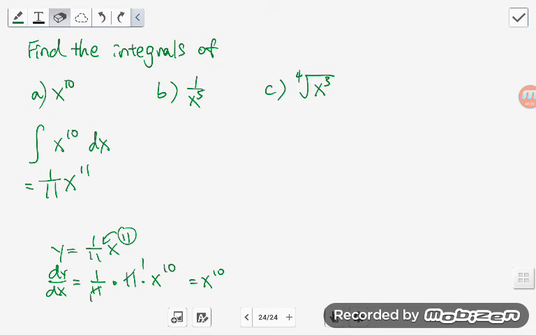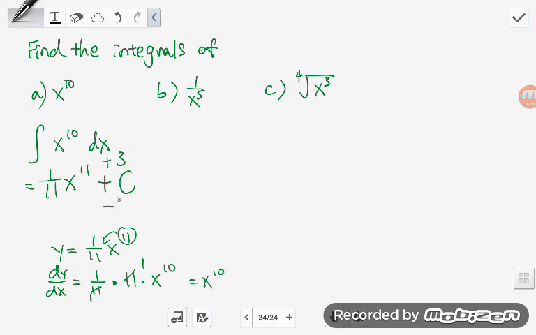So you can always check if your integral is correct by simply differentiating it. However, this is the part that students always forget. Don't forget the plus c, right? Because I can have this plus 3, and when I differentiate that, the 3 goes away.